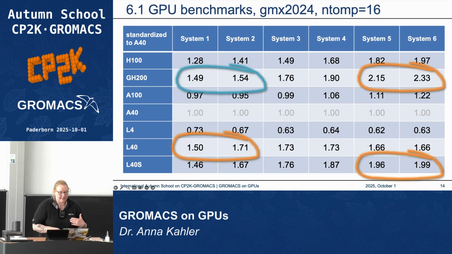So here the question is on performance, on hardware costs. I'm going to show you this in a minute because this is really interesting. We can have nearly the same performance on these different GPU types, but the hardware costs are vastly different.